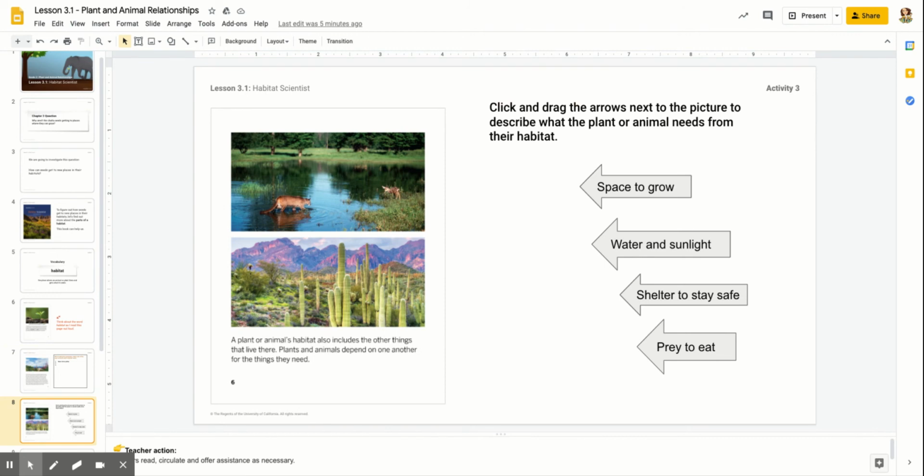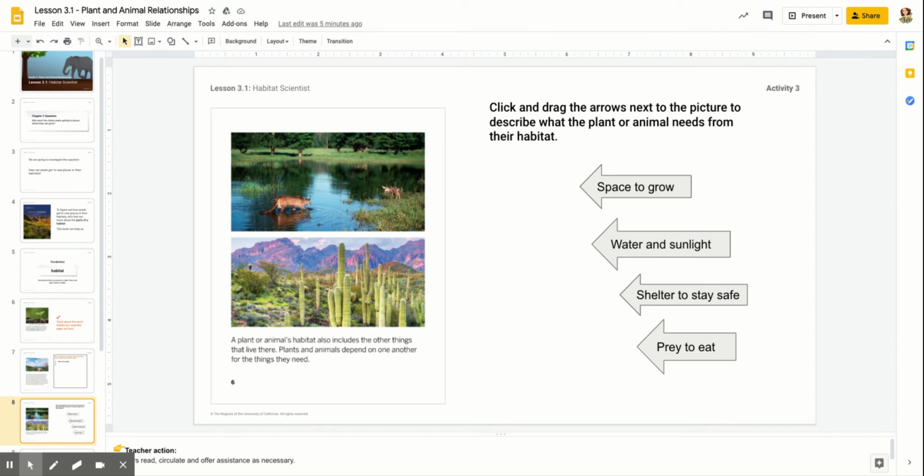So here's another page from the book that can help us think about habitats. Here you see two pictures of two different habitats. After reading this passage, you're going to click and drag the arrows next to the picture to describe what the plant or animal needs from their habitat. A plant or an animal's habitat also includes the other things that live there.